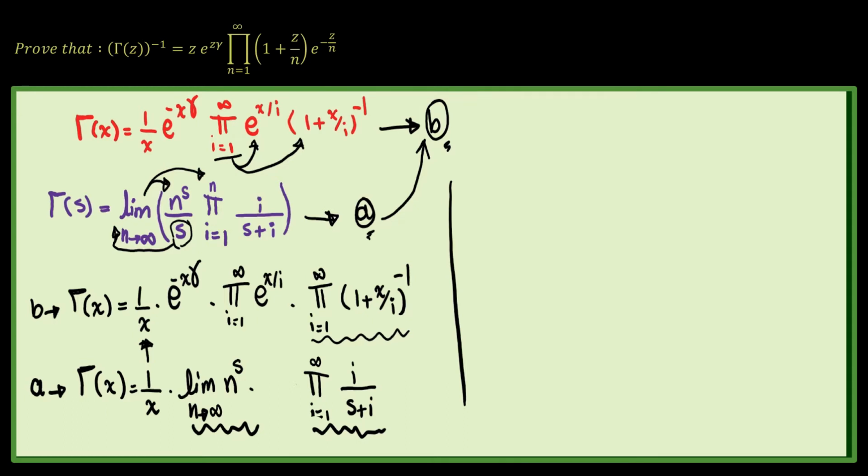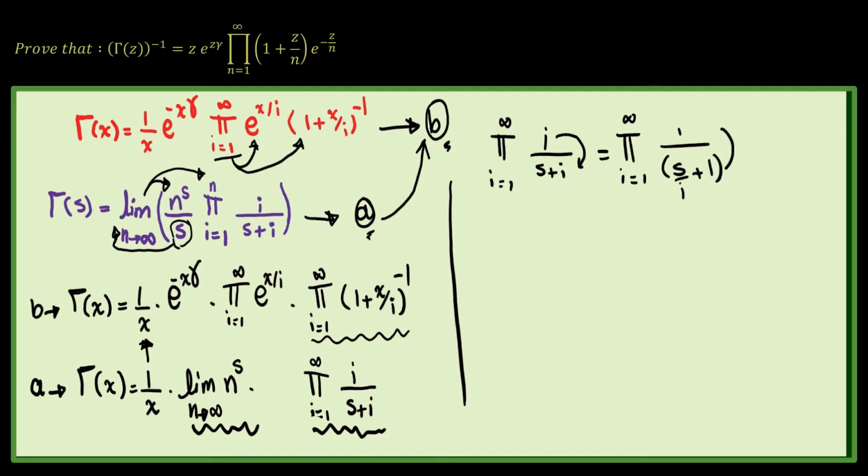So the third part is pi i from 1 to infinity of i over s plus i. We will put this i in the denominator as 1 over i, or we can say that we are subtracting with pi up and down. That will give us pi i from 1 to infinity of 1 over s over i plus 1.